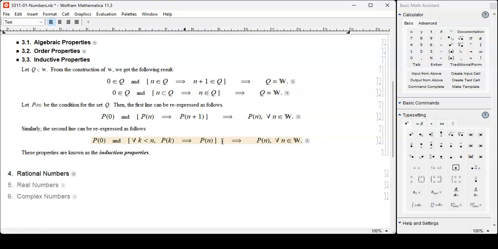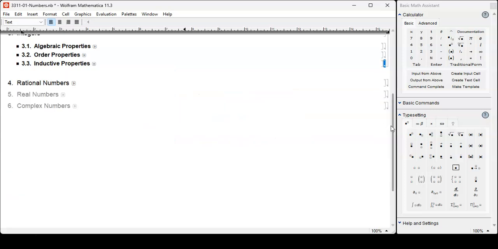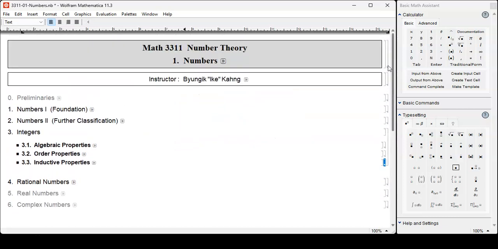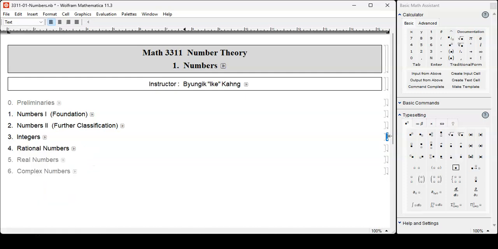So I'll give you a lot of hints and help whenever a strong induction is needed. But for standard induction, I do require some prior knowledge. Okay, all right. Those are induction principles, and that's how they are connected to the construction of integers. Let's see, do I have some more time?